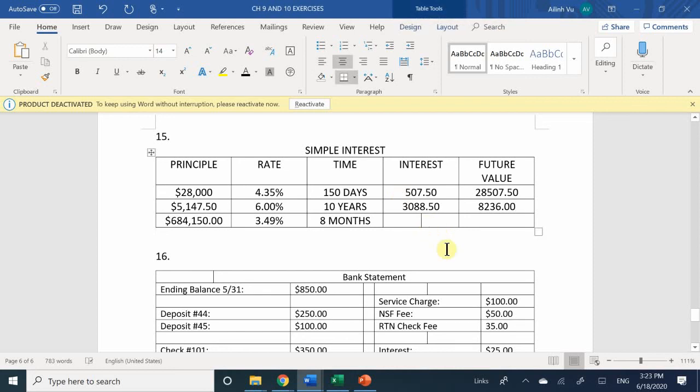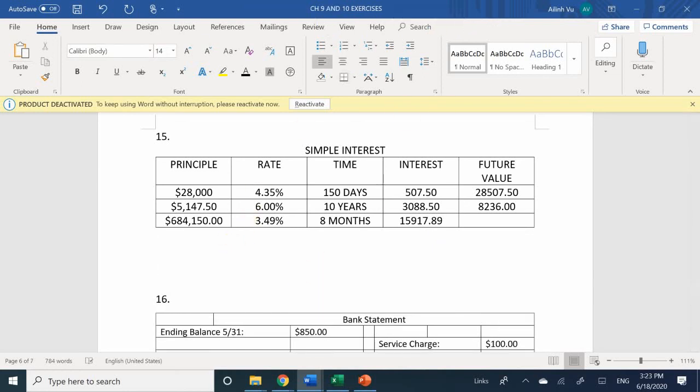Let me see if you need a visual, because I think that's where you're not getting it, because I'm not giving you a visual. If I were to punch this formula in right now, interest is equal to P times R times time.